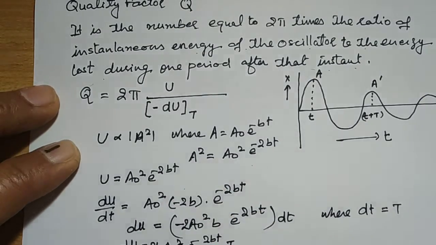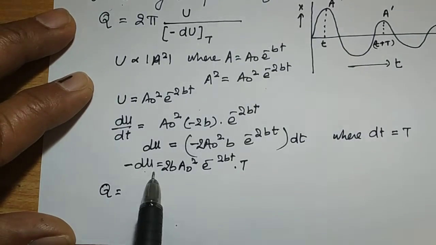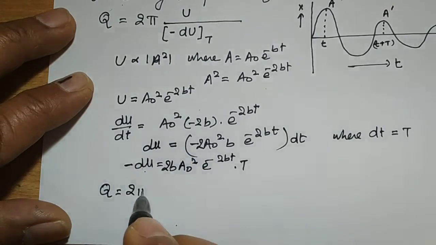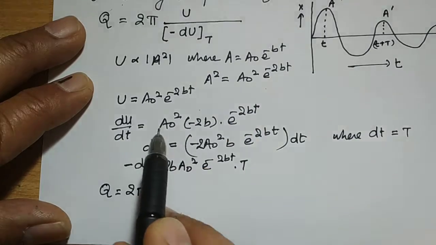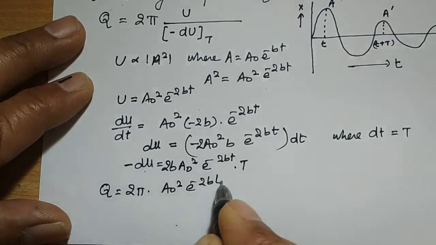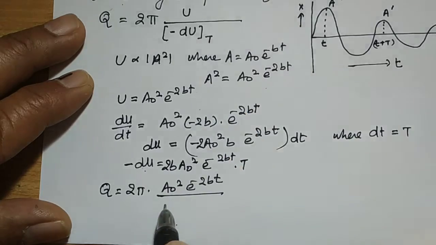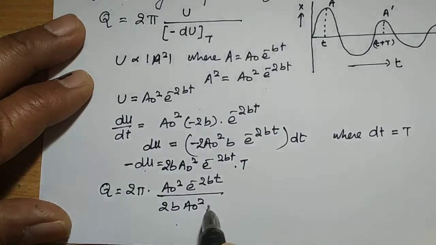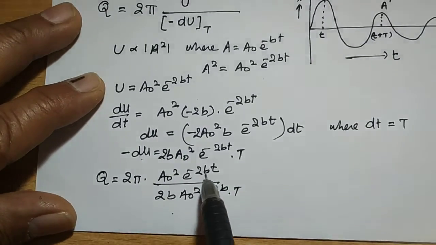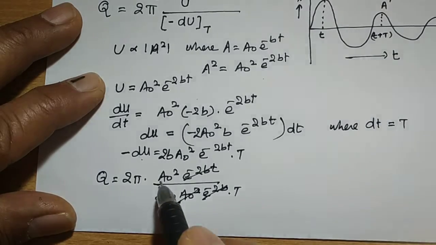Now we have minus dU and we have U here, so let us put the values. Q is equal to 2 pi times the value of U, which is A naught squared e to the power minus 2bt, divided by minus dU, which is 2b A naught squared e to the power minus 2bt into T. The exponential term cancels and A naught squared also cancels.